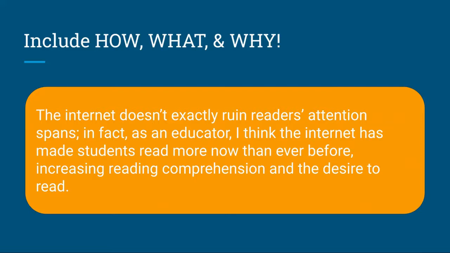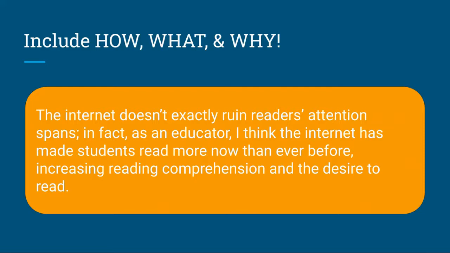mostly disagreeing with the author, right? Or in fact, maybe completely disagreeing, because it says doesn't exactly, right? So the internet doesn't exactly ruin readers' attention span. By including doesn't exactly, it might reveal to the reader that they're mostly disagreeing, but there might be something in there that they might be agreeing with, okay?